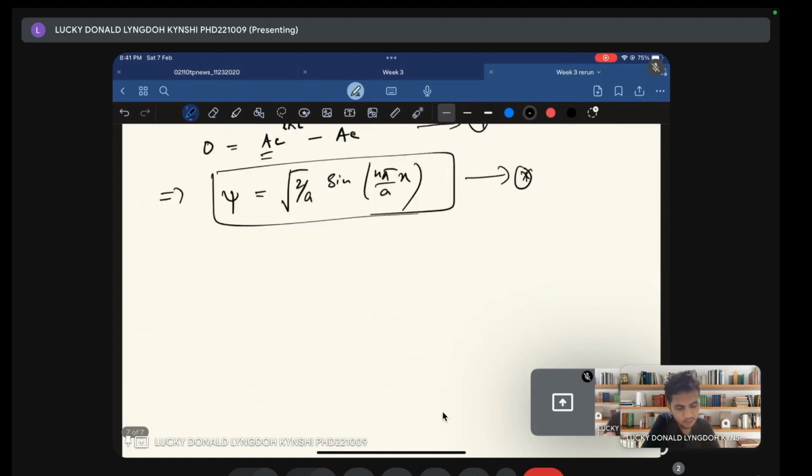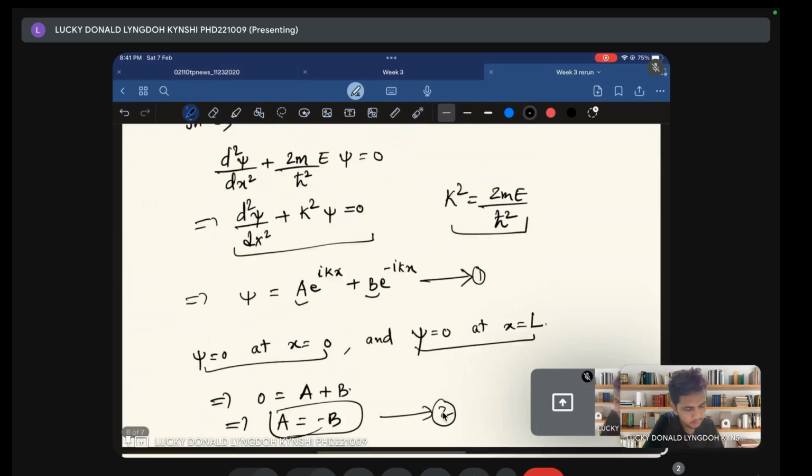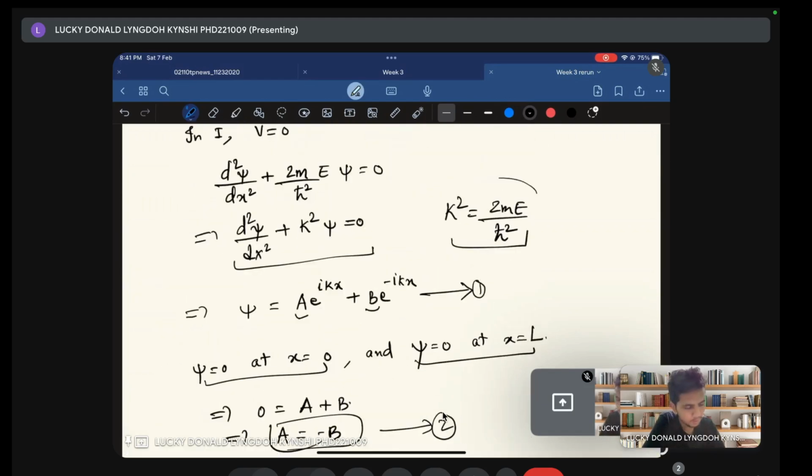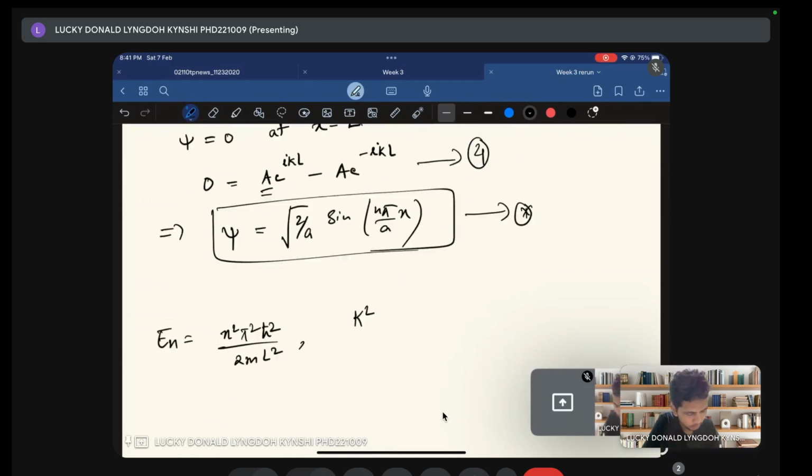Okay, and the energy of such systems will be En equal to n²π²ħ² by 2mL². And from where do we get this? We get it from k² equal to 2mE by ħ².